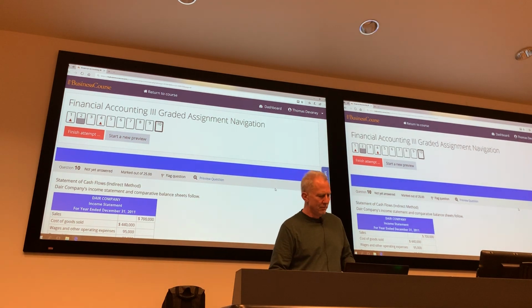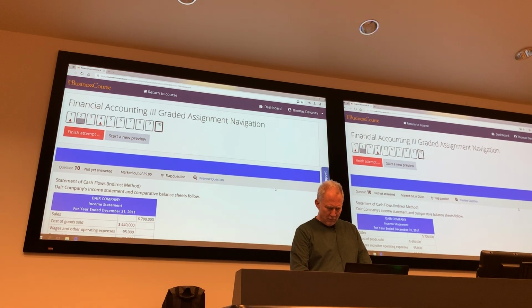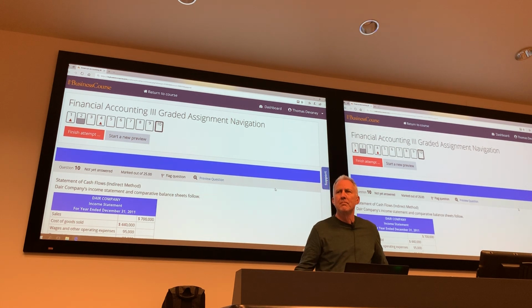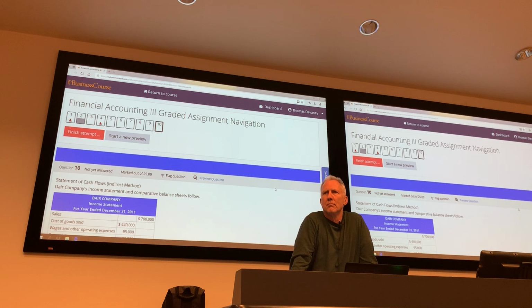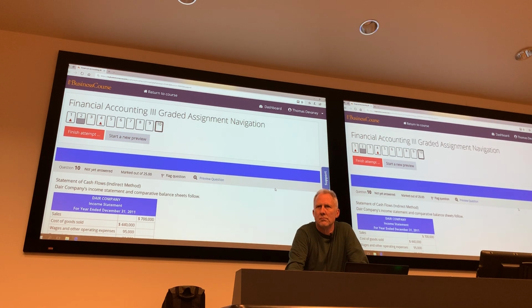I had a question. Is it also okay to say, for what you were saying about the plus and minus in your grid, that for assets you pretty much take the prior year minus the current year? Yeah. You can always do that for assets, and then for liabilities, it would be the current year balance minus the prior year.